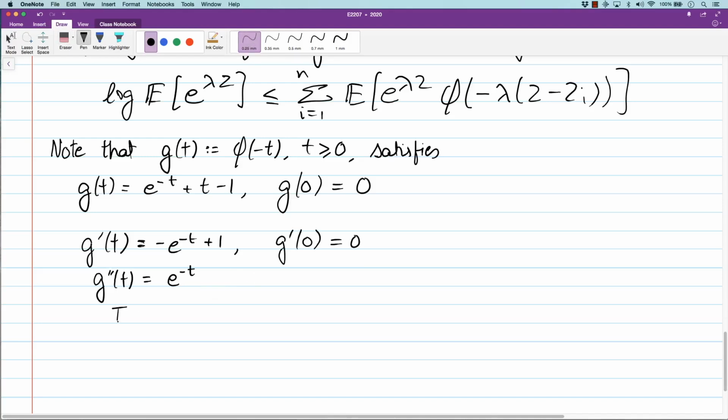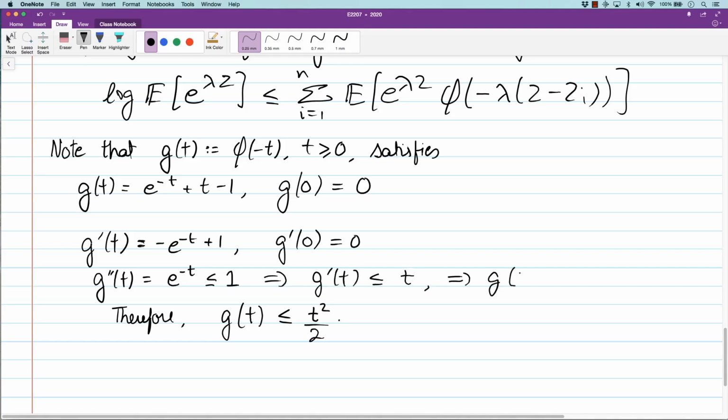Therefore, its derivative is always less than or equal to t, and this implies gt is less than or equal to t square by 2. Okay, that's the proof.